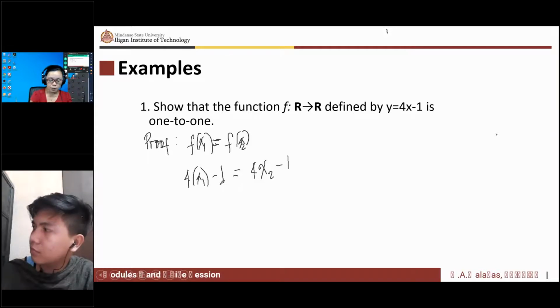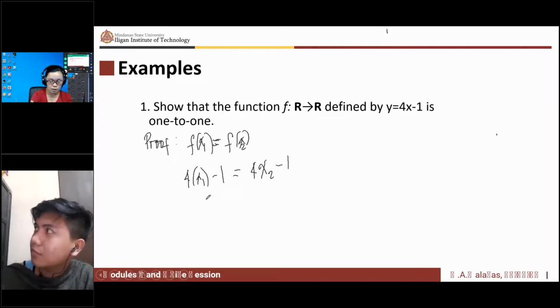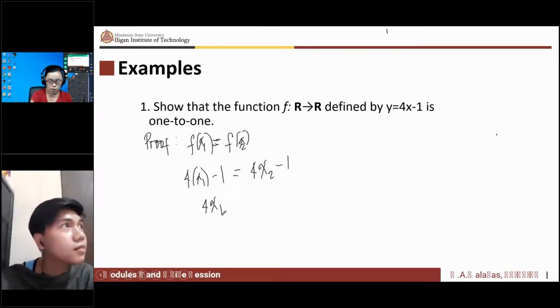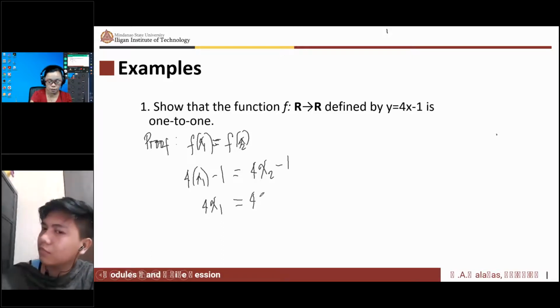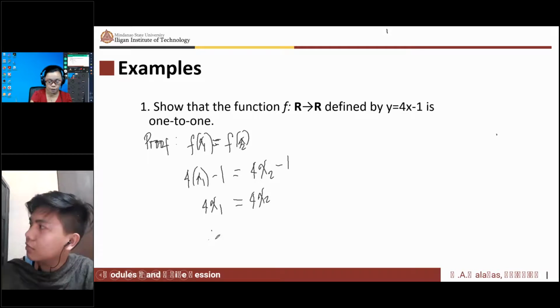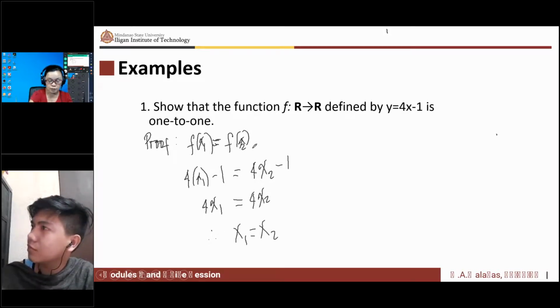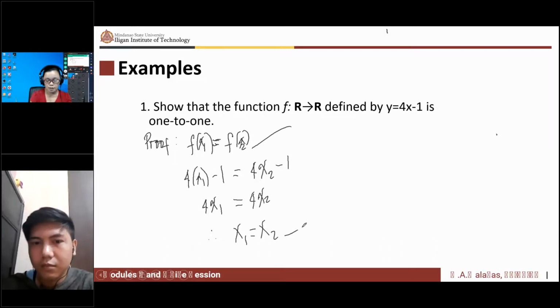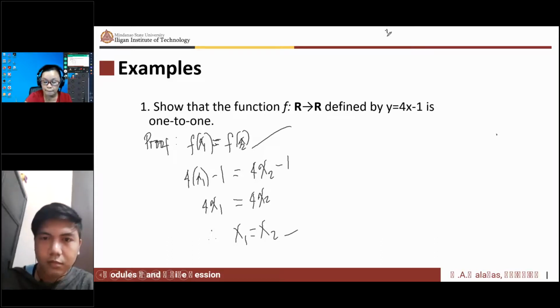We can add to both sides the same constant, so we add 1, and you get 4x1 equals 4x2, and then we divide by 4, so therefore we have x1 equals x2. So we started with this and then ended up with this. So therefore the function is one-to-one.